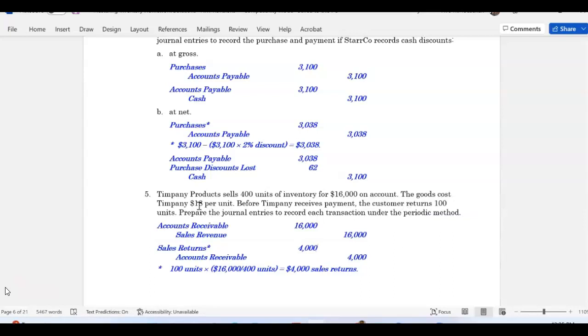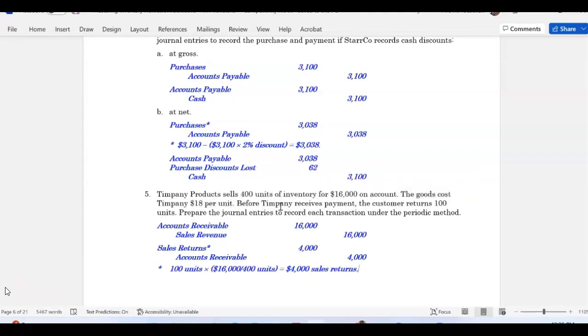The goods cost Tiffany $18 per unit, which is good, but you're not going to record it because you don't record the cost of goods sold under the periodic method. Remember, if we do the periodic method, we just record sales. We don't record the cost of goods sold. So this part that says the goods cost $18 doesn't matter that much at this moment.